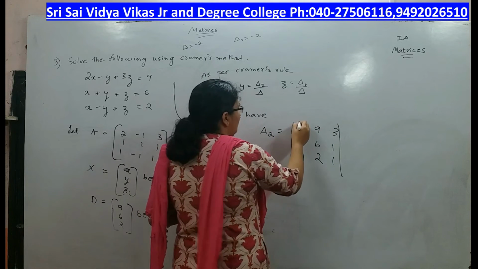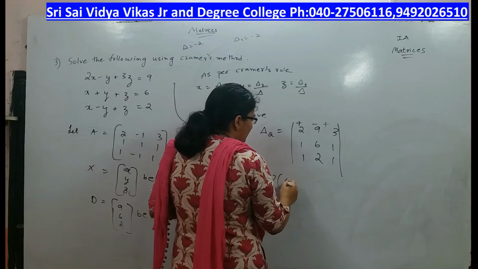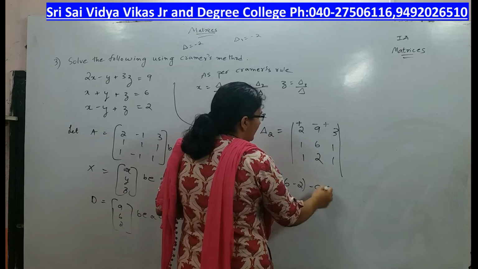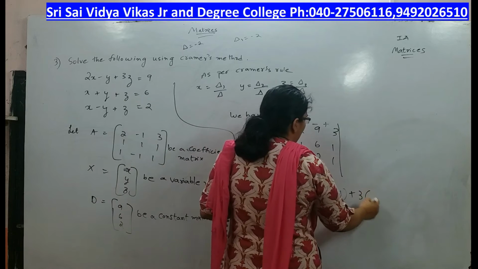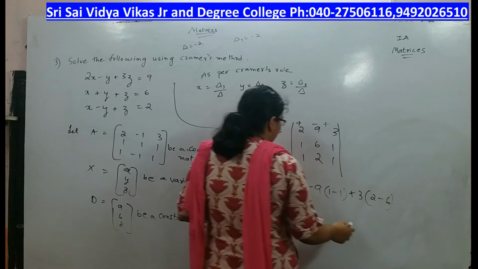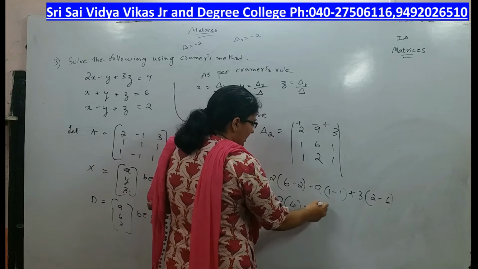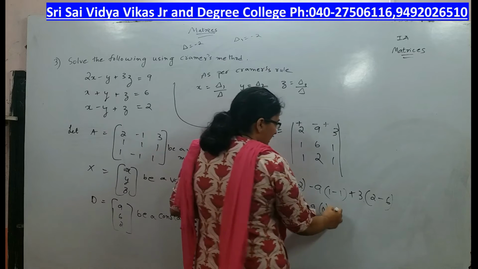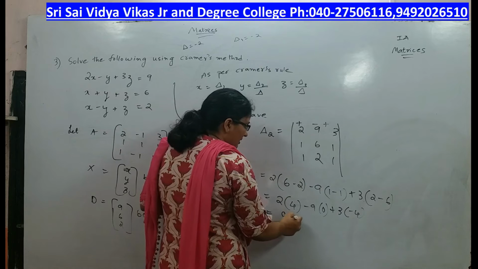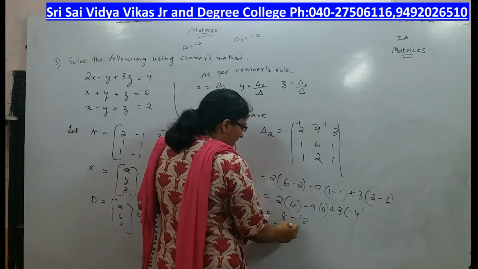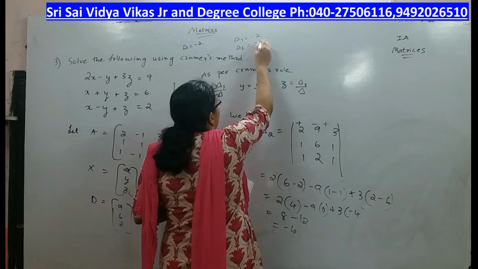You have to find the determinant. Plus minus plus: 2 into 6 minus 2, minus 9 into 1 minus 1, plus 3 into 2 minus 6. 2 into 4 minus 9 into 0 plus 3 into minus 4. 2 4s are 8, 8 minus 12, that is minus 4. So delta 2 value is minus 4.